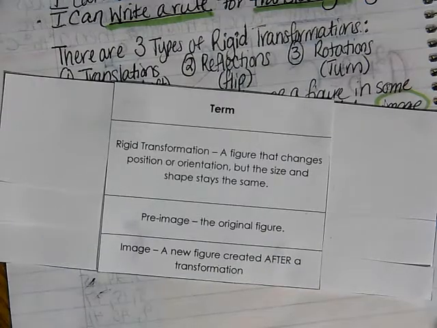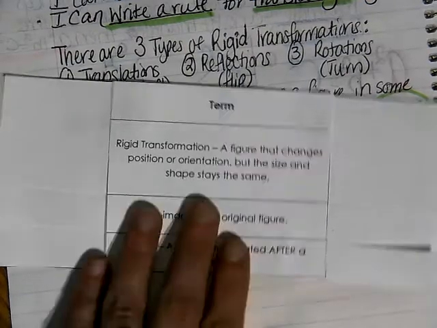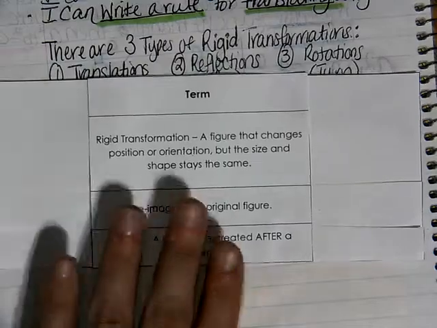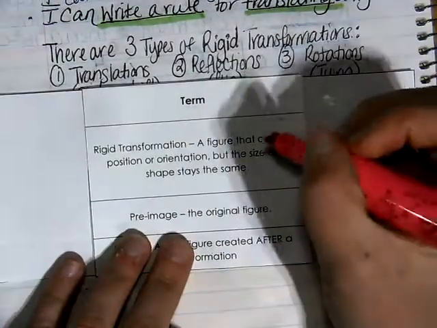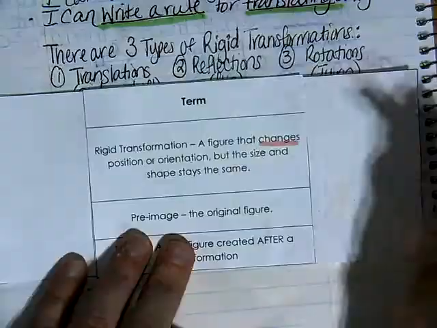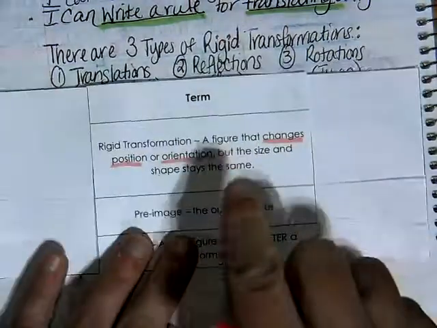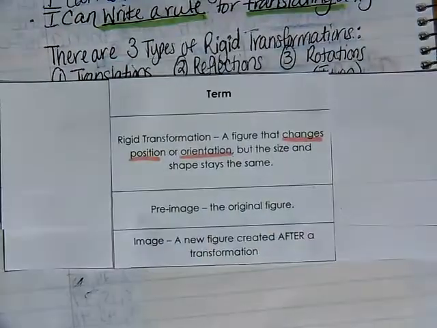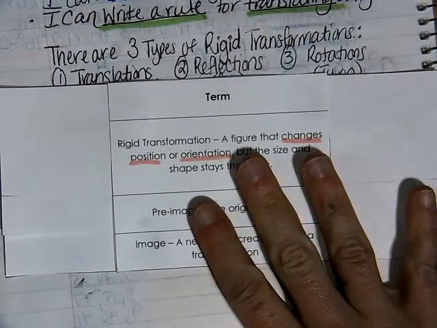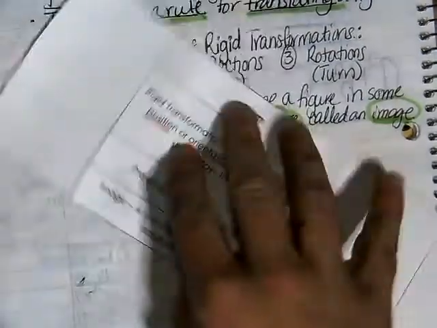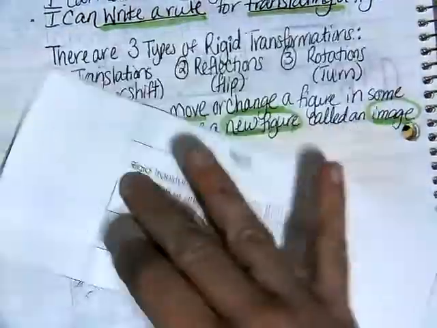The first word that we have is rigid transformation. A rigid transformation is when a figure changes position or orientation. Orientation means that a figure starts off being in one direction and then it flips, or it rotates, or it has been flipped upside down.